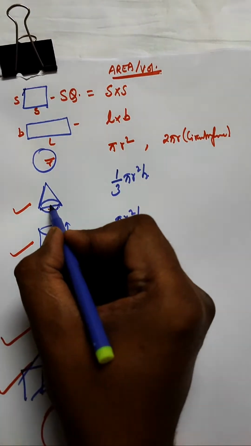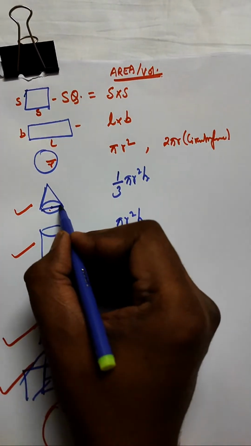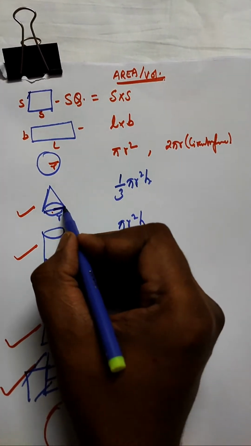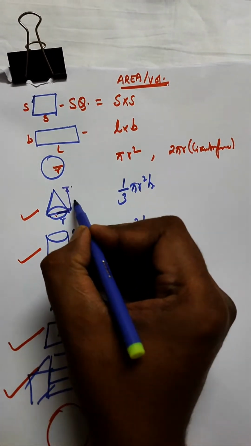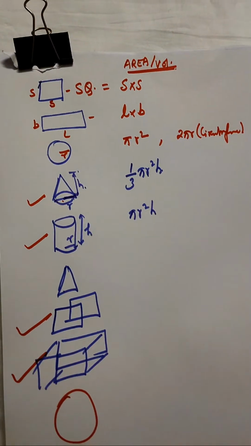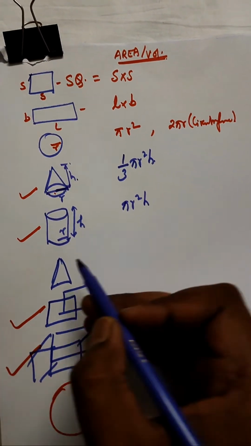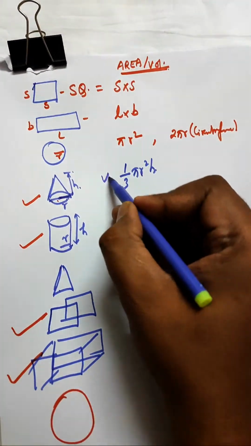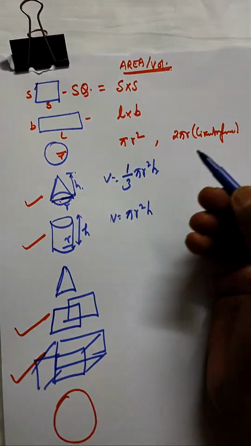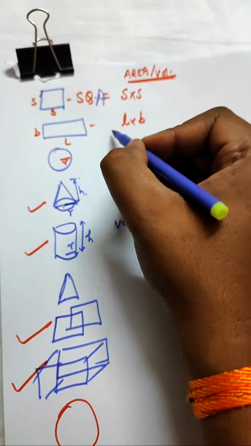Similarly for the cone, this r is the radius of the base and h is the height, right? And for a triangle, the area; these were the volumes, right? These are the areas.